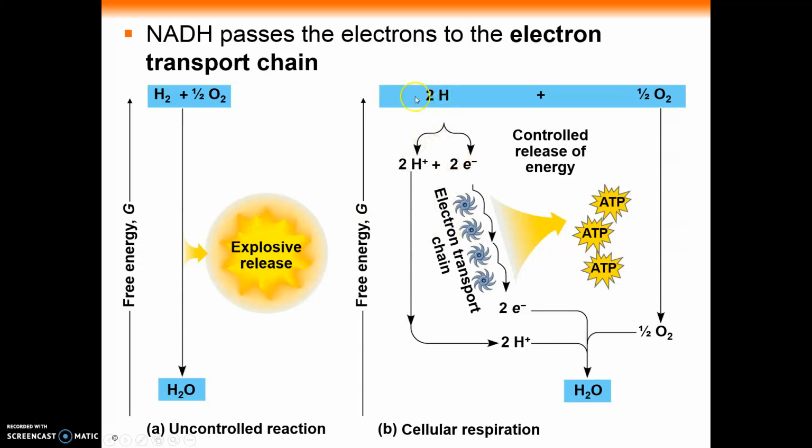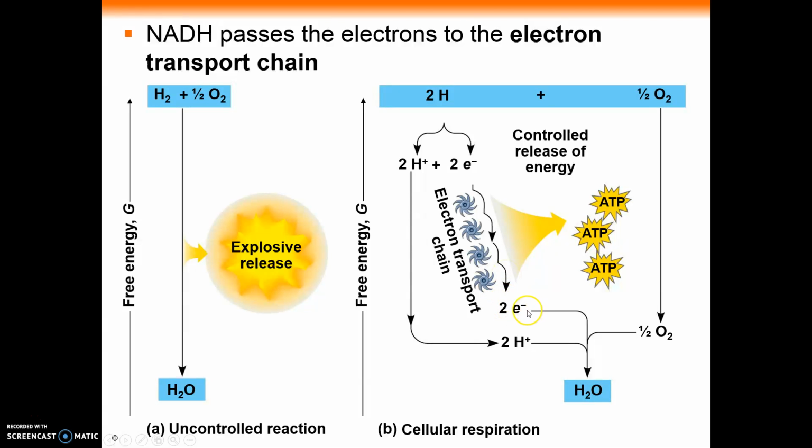It's much better for us to harvest that energy along the way. So here, if we take hydrogen and we strip the electrons off of it, creating protons, we can take the electrons and pass them from one molecule to another molecule to another molecule and on down the chain, and we can harvest the energy from those electrons along the way.